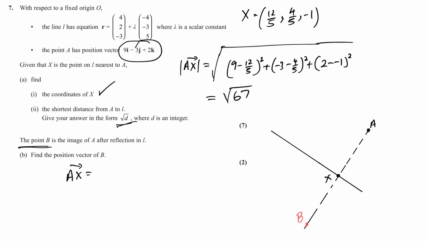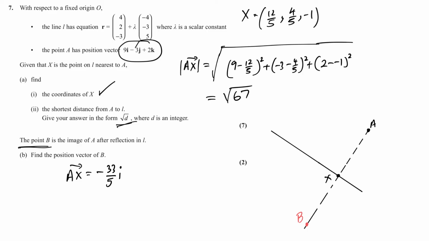So what's the vector AX? Well, it comes from this bit up here, doesn't it? I never actually worked that bit out. But AX is x minus a, isn't it? So it's actually 12 over 5 minus 9, so minus 33 over 5 i.